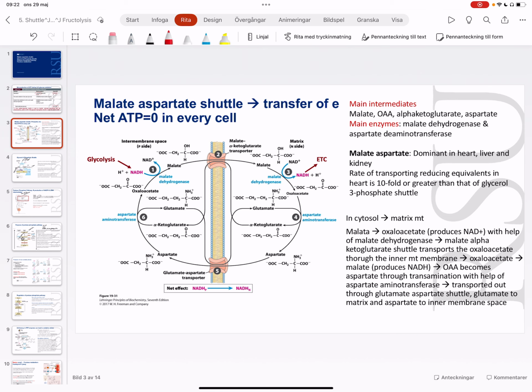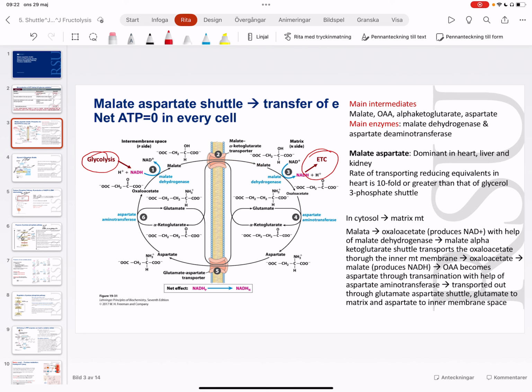Okay, so we have glycolysis here. And glycolysis will give us NADH. And we want this NADH to be transported to the matrix of the mitochondria so that it can later be used in the electron transport chain. But we cannot just transport NADH from here to here.